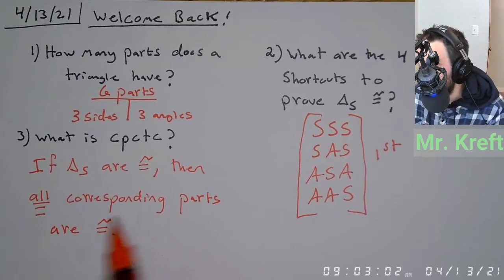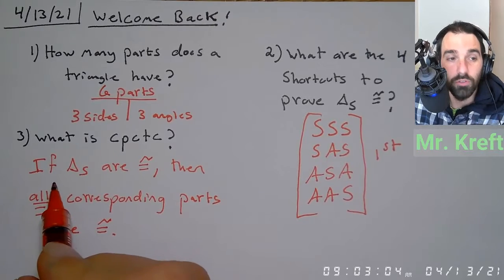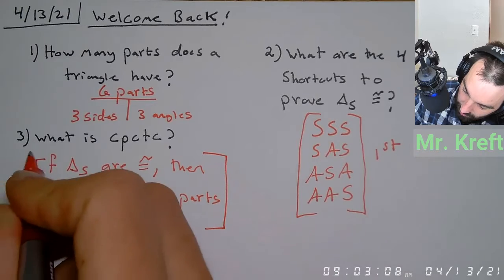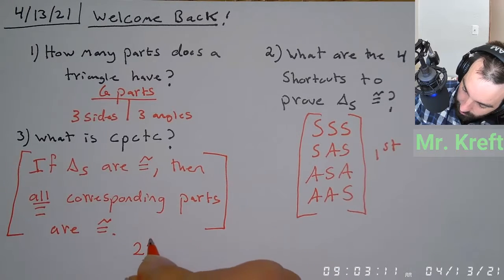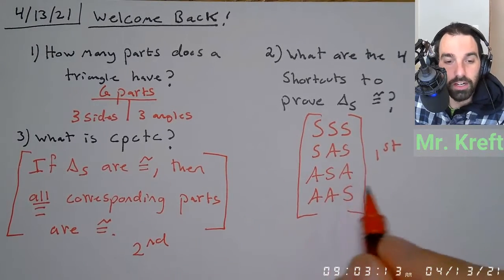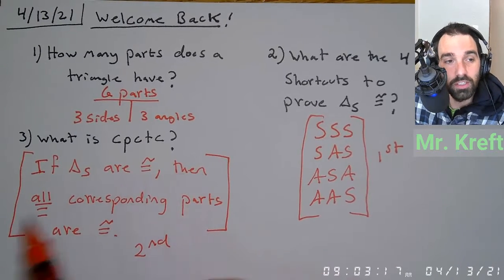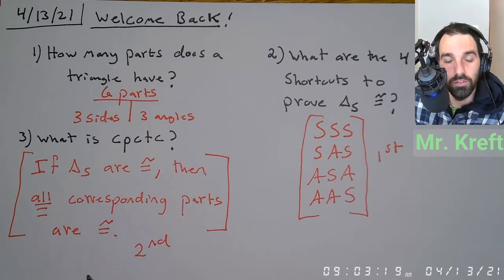Some important things to note here. See how it starts with if triangles are congruent? That's why we say CPCTC always comes second. First, the triangles being congruent has to happen. So if triangles are congruent, then all corresponding parts are congruent.